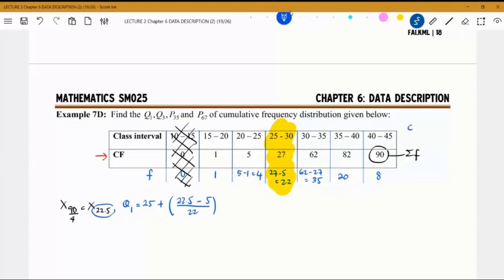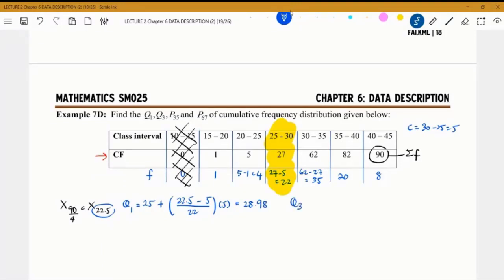Your class width is 30 minus 25, which is 5. So Q1 will be 28.98.